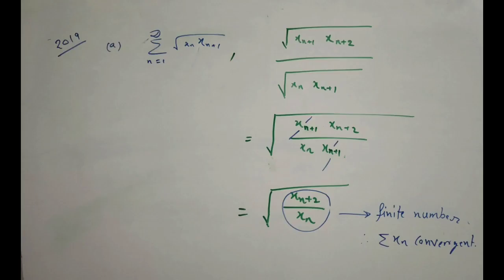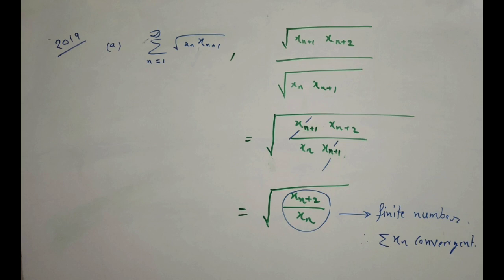I have collected this question from IIT JAM 2019. Let's check whether the series of root over x_n plus 1 is convergent or not. We use the ratio test here, so we will check a_(n+1) by a_n. Here our a_(n+1) term will be root over x_(n+1) plus x_(n+2) by root over x_n plus x_(n+1).